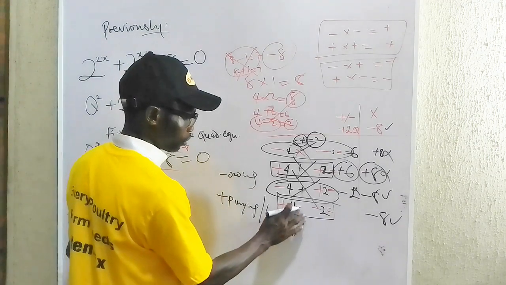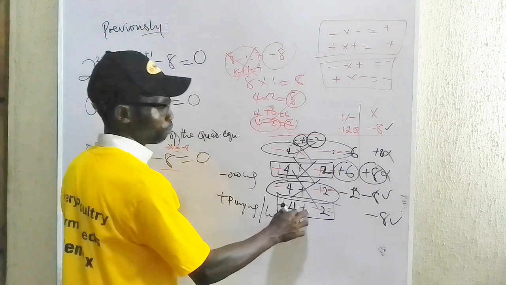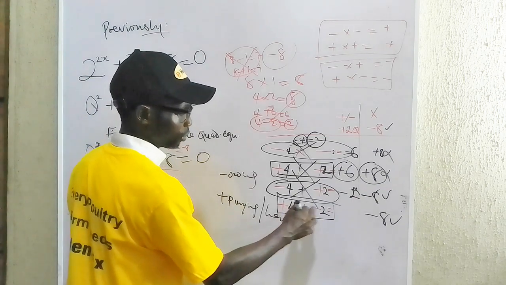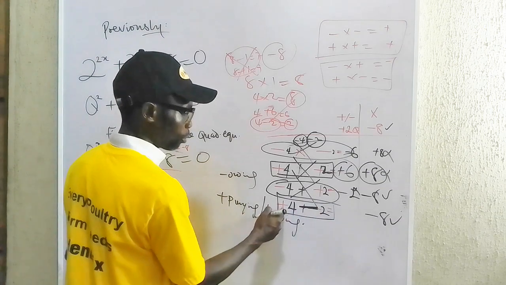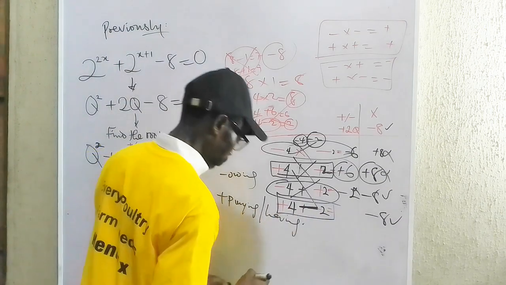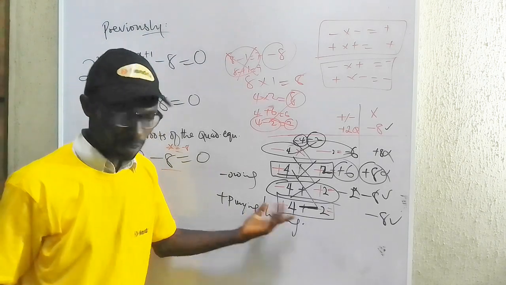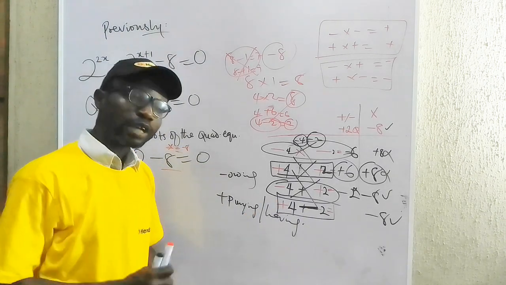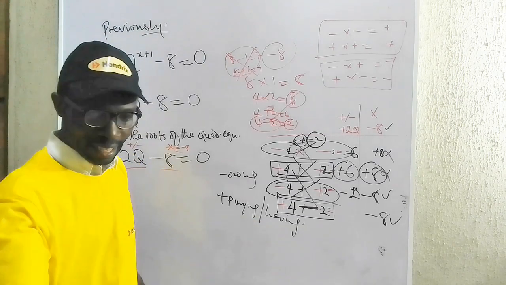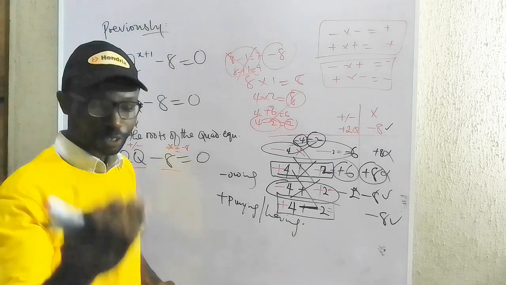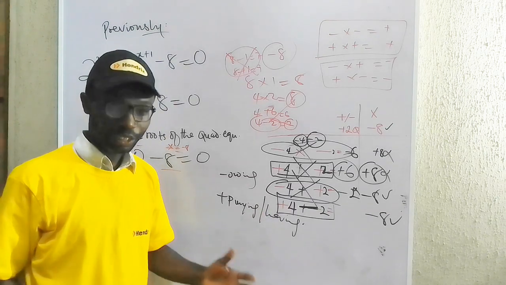Now let's turn this to plus. Plus 4 plus. Now 4 times minus. Plus times minus will eventually change to minus, right? So plus 4 minus 2. Let me change. I have $4, but I'm owing $2. When I pay the $2, am I still owing or do I have a change?